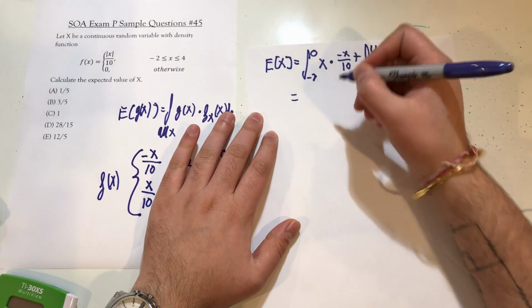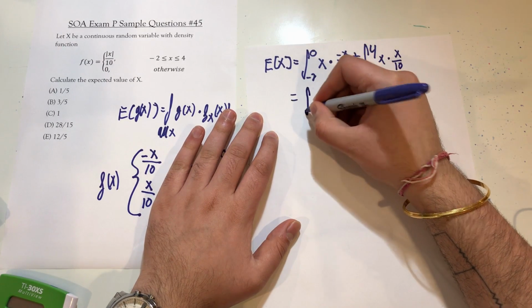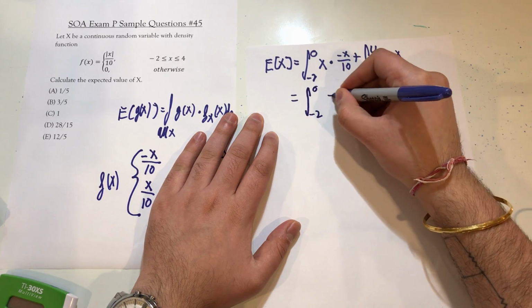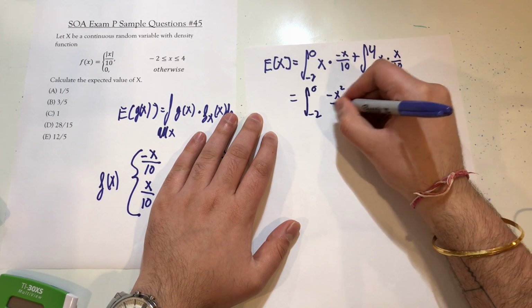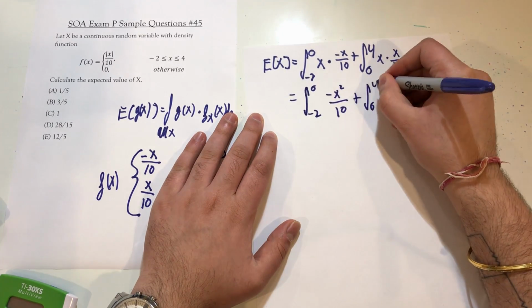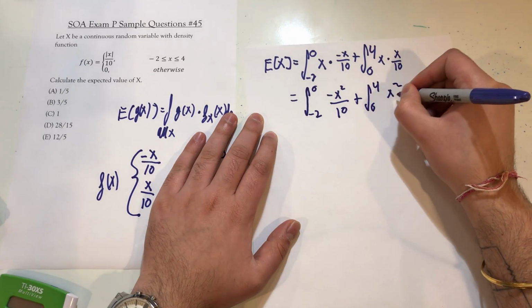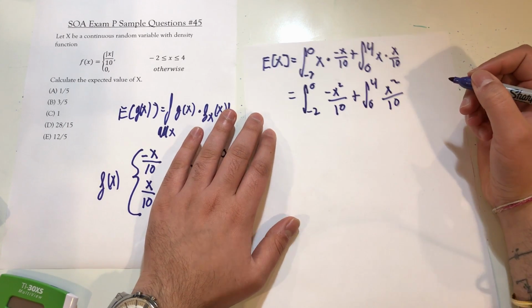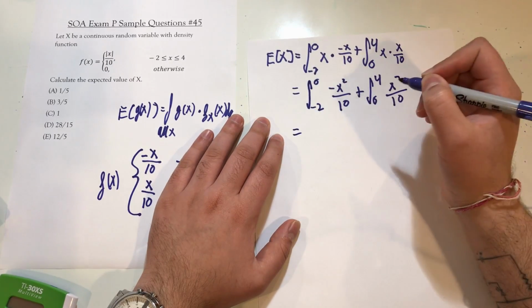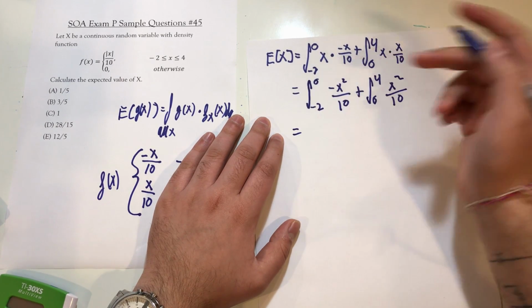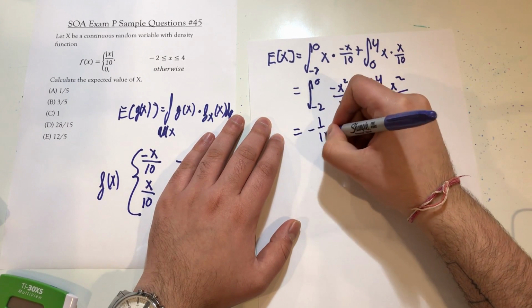So let's see. Let's simplify this. Now what I normally do is I make sure not to look at the question beforehand because I think it's important for you to see me actually do the question as you would. But the thing that sucks about that is you're going to see my shoddy integration skills and how slow I am with that kind of stuff. So I'm going to take out the 1 over 10 and the negative 1 over 10.